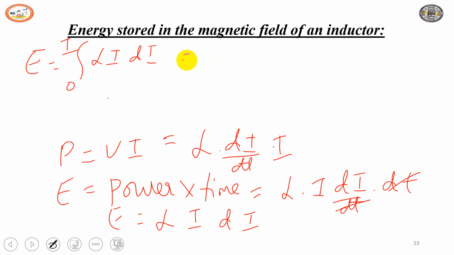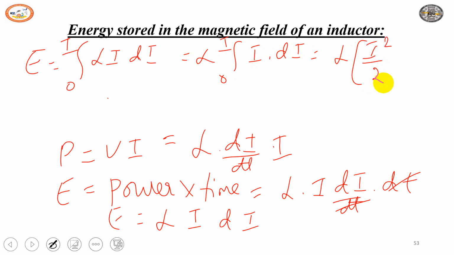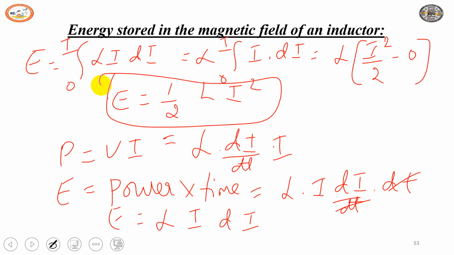This becomes L into the integral of i di, which is L into I square by 2 minus 0, applying the limits directly. So E is equal to half L I square. This is the equation for the energy stored, and the unit is joules.